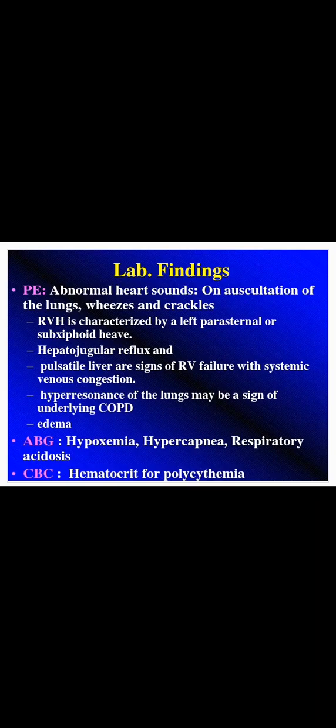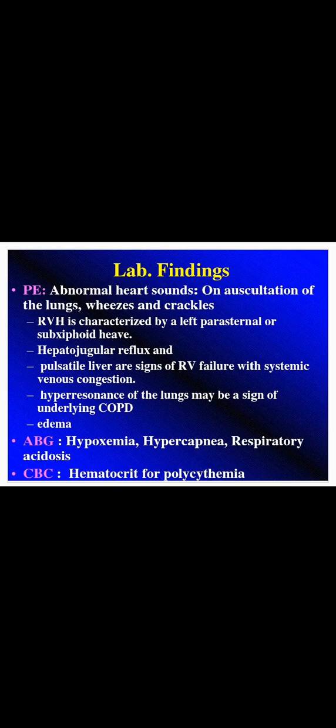On auscultation we can hear abnormal heart sounds. Right ventricular hypertrophy is characterized by left parasternal or subxiphoid heave. Then hepatojugular reflex and pulsatile liver are signs of right ventricular failure. Then we can hear hyperresonance of the lungs, which may be a sign of underlying causes like COPD.